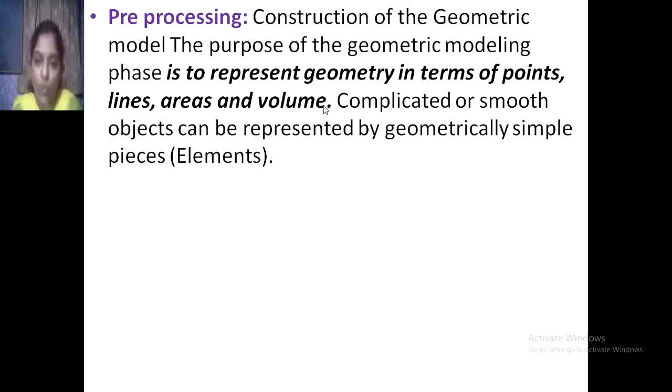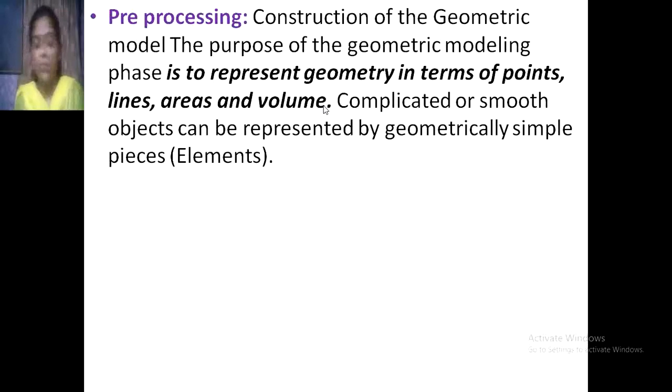The purpose of the geometric modeling phase is to represent geometry in terms of points, lines, areas, and volumes.